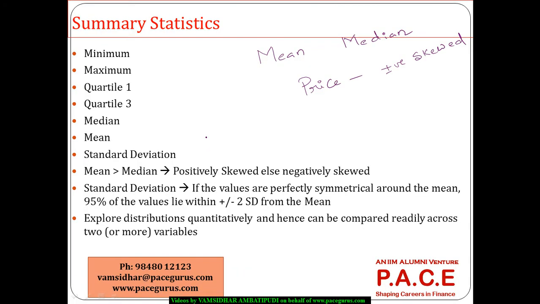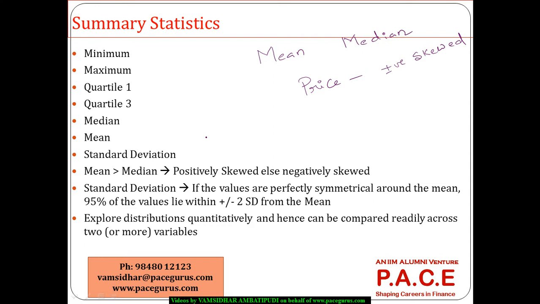But this is how for every data that I get, initially I will compute the summary statistics. I'll look at the mean, the median, the minimum, maximum, the quartile 1, quartile 3, standard deviation, and make some basic inferences.